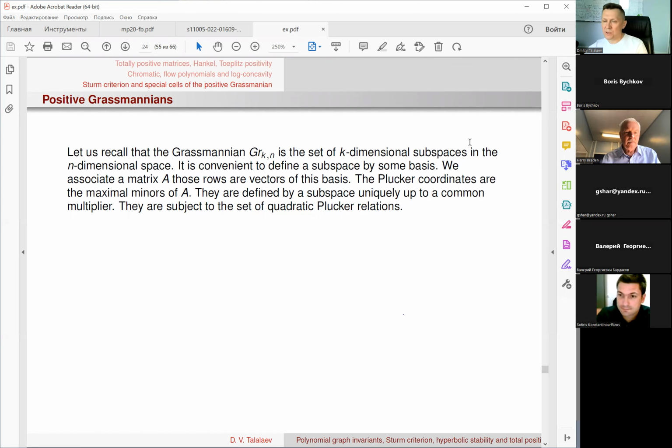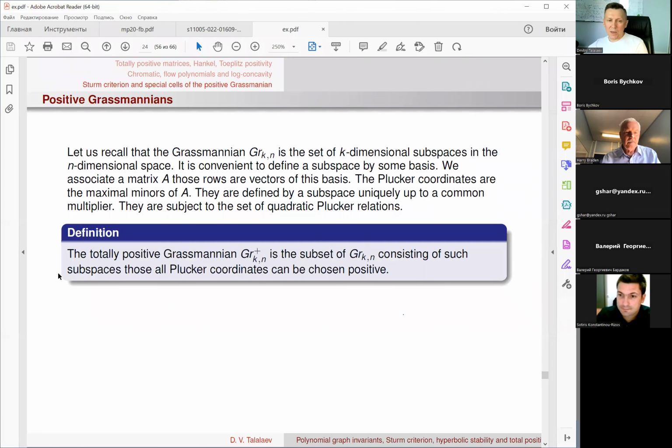The Grassmannian here is a set of k-dimensional subspaces. As before, we associate to such a matrix the Plücker coordinates, which are just minors of this matrix. And the totally positive Grassmannian is a subset of the Grassmannian, which consists of subspaces whose Plücker coordinates are all of the same sign, so they can be chosen positive, for example.